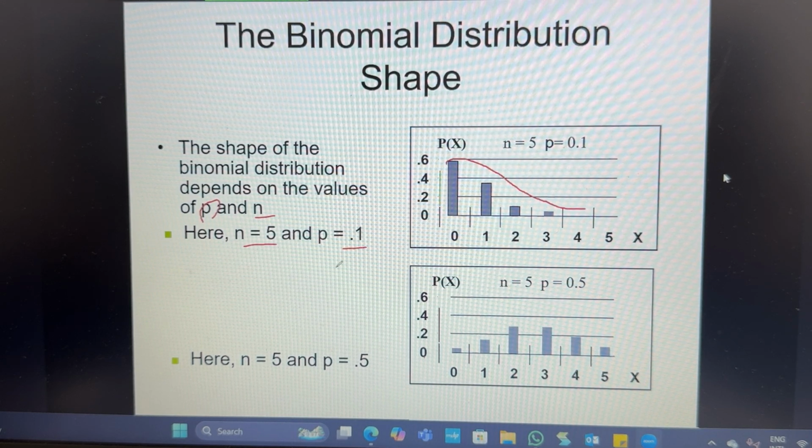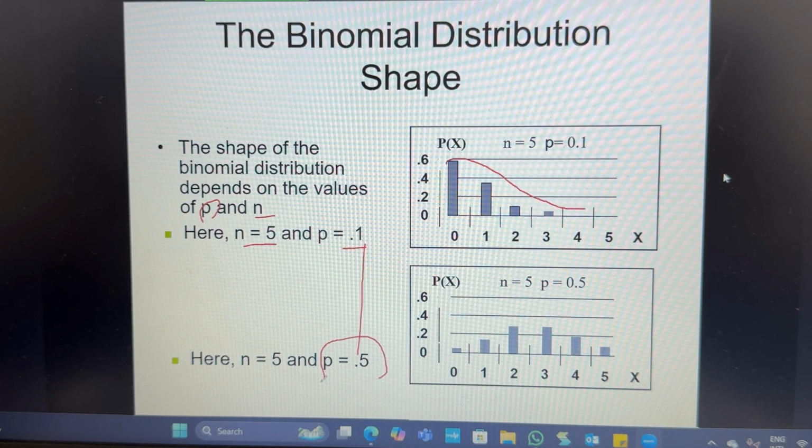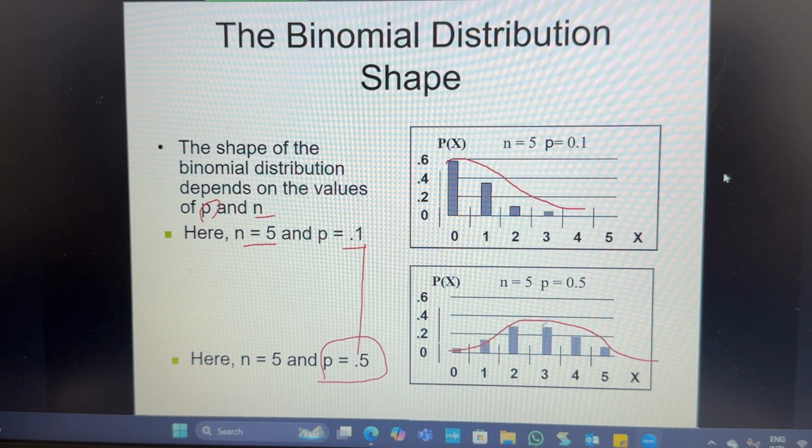But this may change when p changes. In the next one, n does not change but p changes to 0.5, and then it becomes like a normal shape. If p is 0.7, then the shape is different again. So what you have to understand is that when p changes, the shape of the binomial distribution changes.